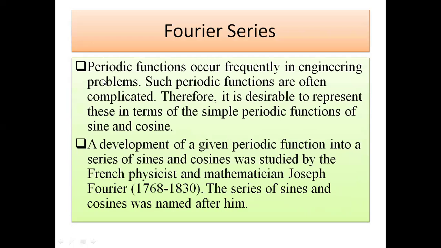Fourier series. Periodic functions occur frequently in engineering problems. Such periodic functions are often too complicated. Therefore, it is desirable to represent these in terms of the simple periodic functions of sine and cosine.